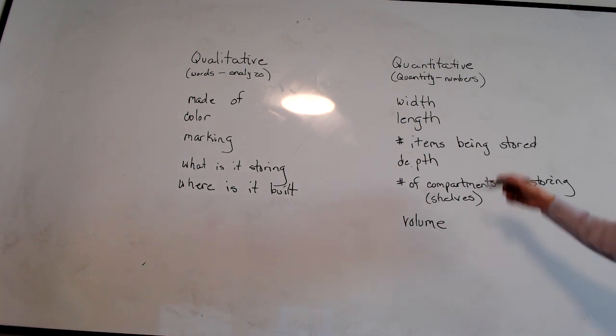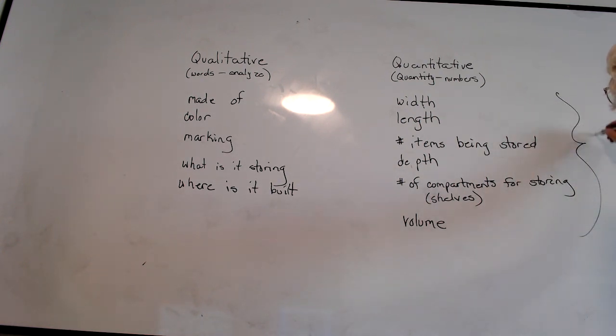So these are actually measurable or countable. Okay, so we're actually using numbers in some way. So that's kind of the difference when we're talking about qualitative versus quantitative, the data part.